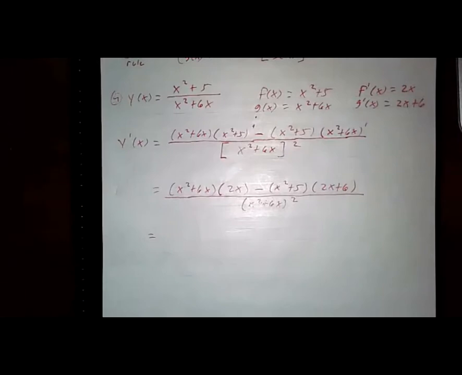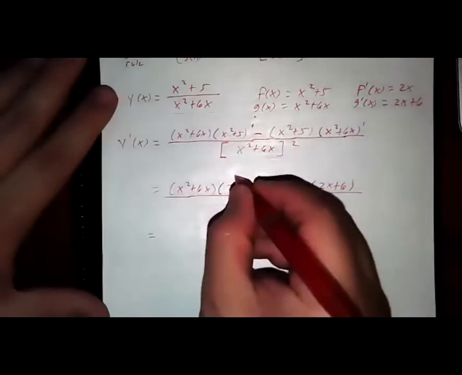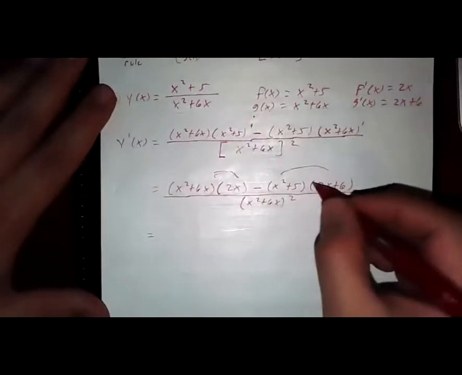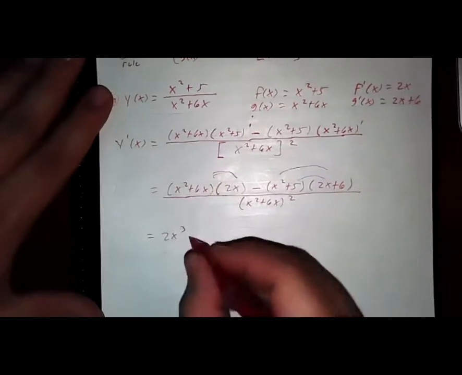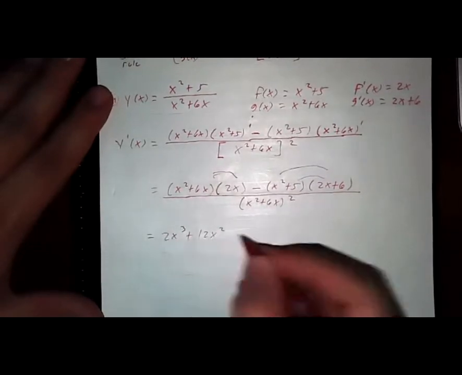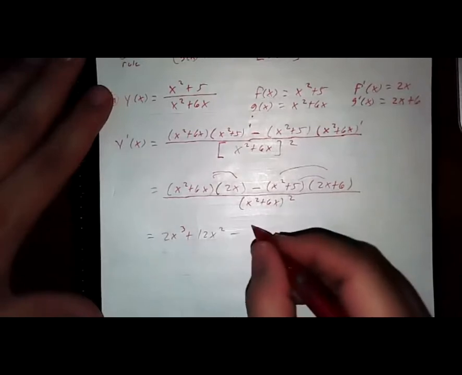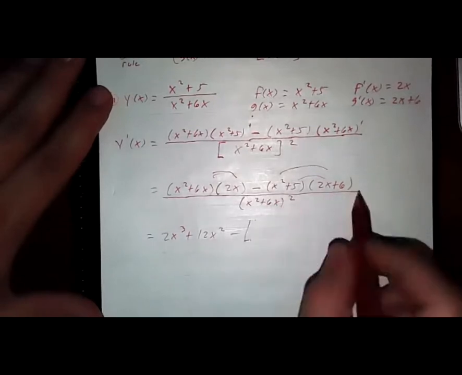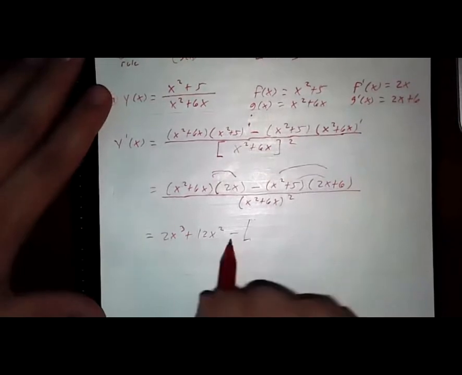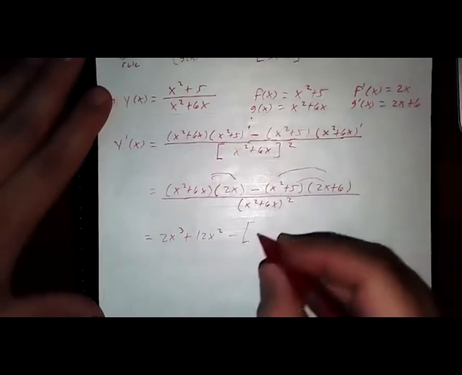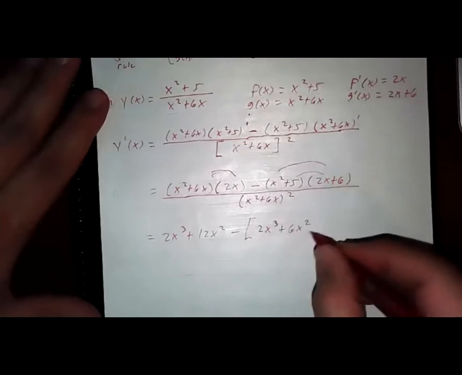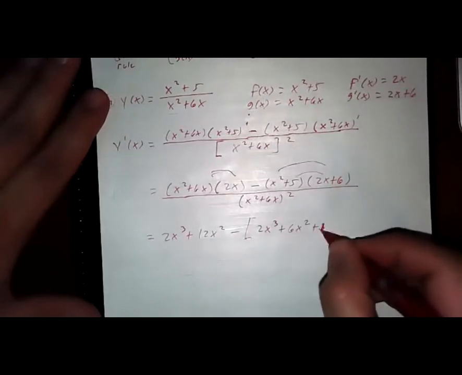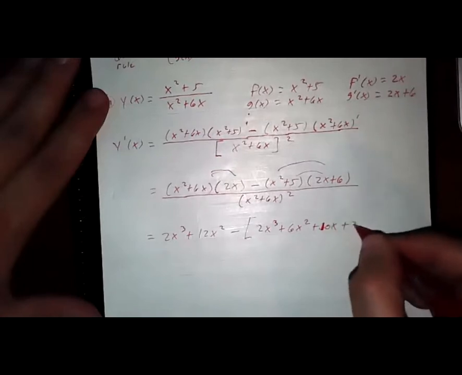That looks good. All right, so multiply this out. You'll get 2x cubed plus 12x squared minus, put a bracket here because everything will have a minus on it: 2x cubed plus 6x squared plus 10x plus 30.